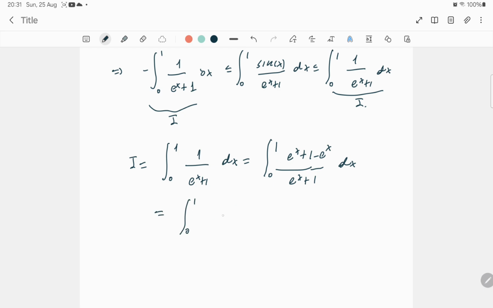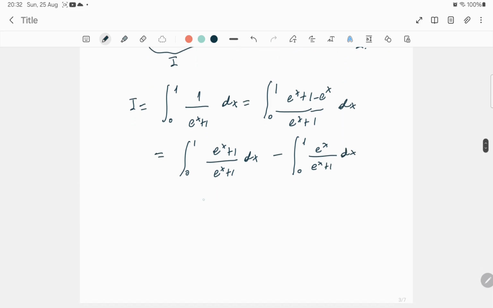So I have the integral from 0 to 1, e to the power of x plus 1 over e to the power of x plus 1 dx, minus the integral from 0 to 1, e to the power of x over e to the power of x plus 1 dx. I can simplify this fraction, it is just dx minus the integral from 0 to 1 e to the power of x over e to the power of x plus 1 dx.